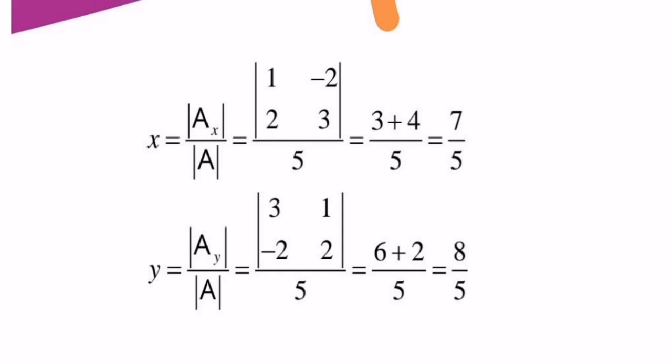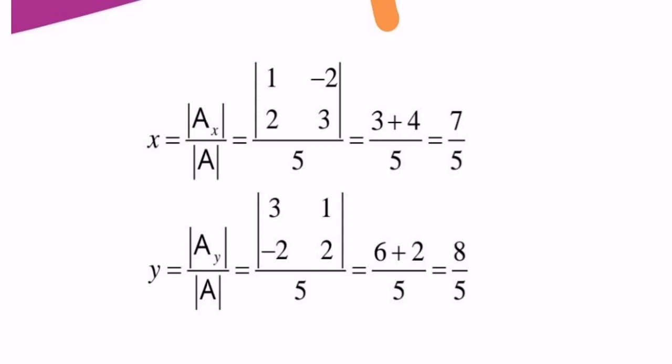So the determinant of AX is 1 multiplied by 3, 3, and the product of the non-diagonal elements will be 4. So 3 plus 4 is equal to 7. So the value of X is therefore equal to 7 by 5, because the determinant of A is equal to 5.